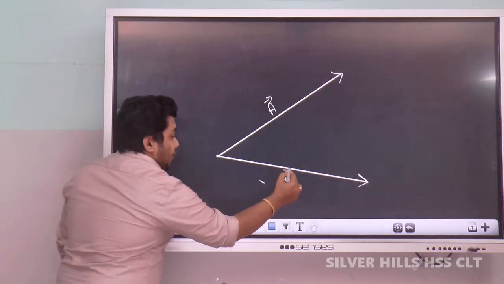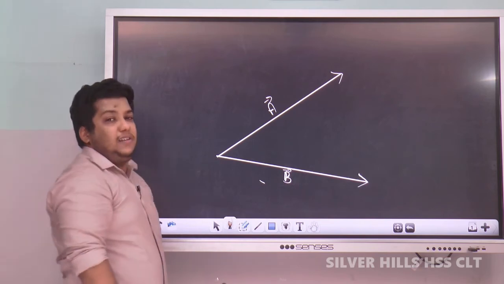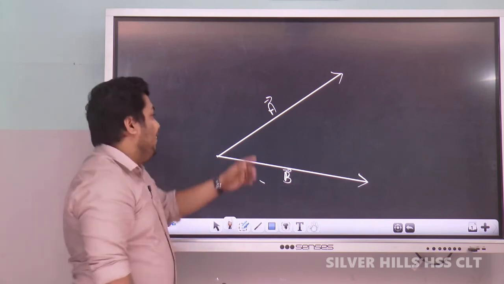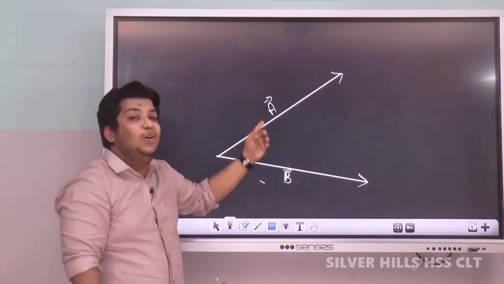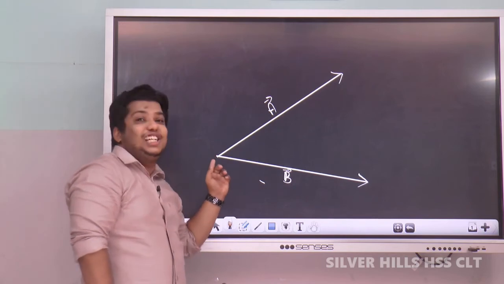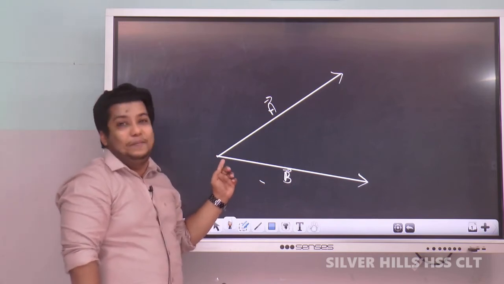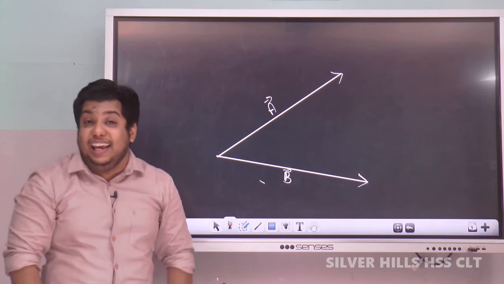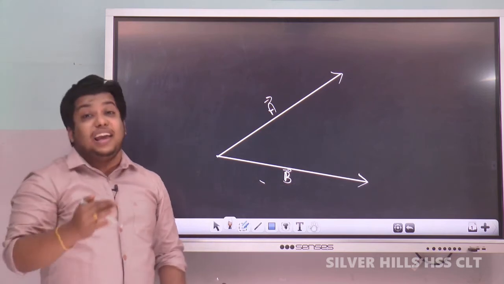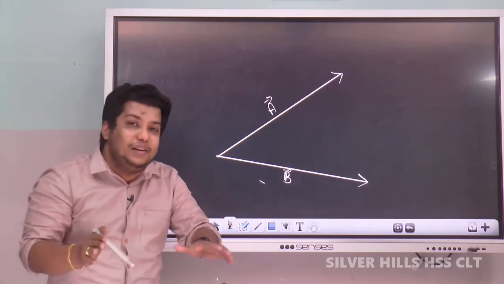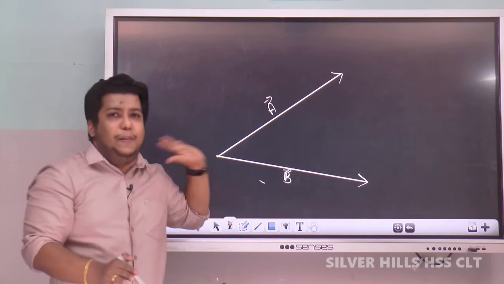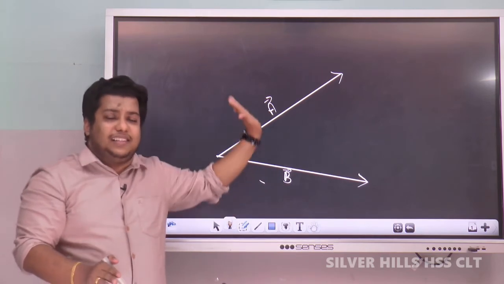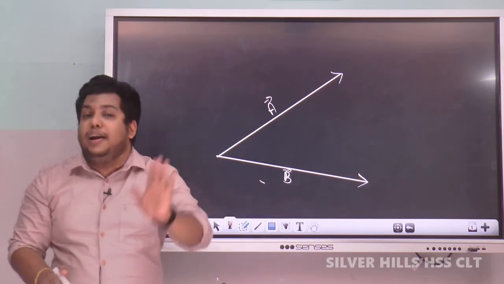From the figure it is clear that for vector A and vector B, the initial point is the same. Such kind of vectors are called co-initial vectors. Co-initial means the starting point is the same.